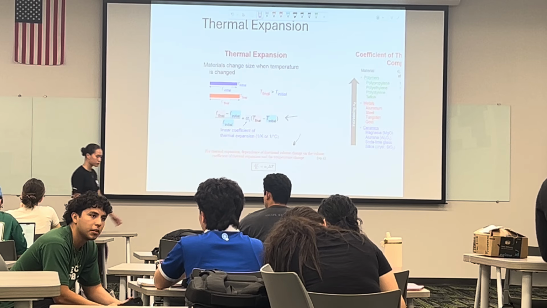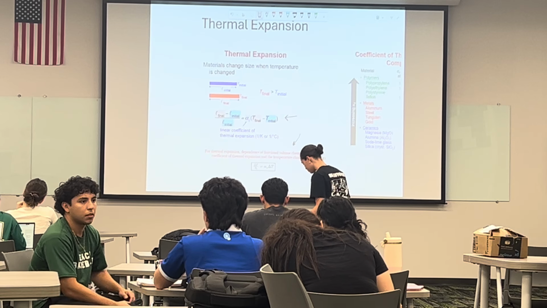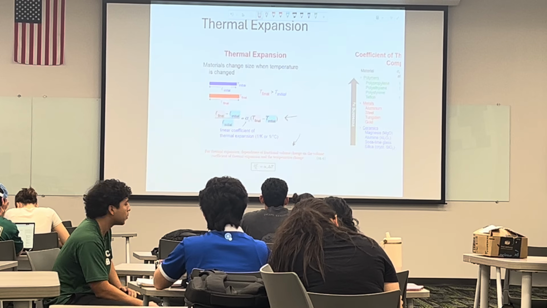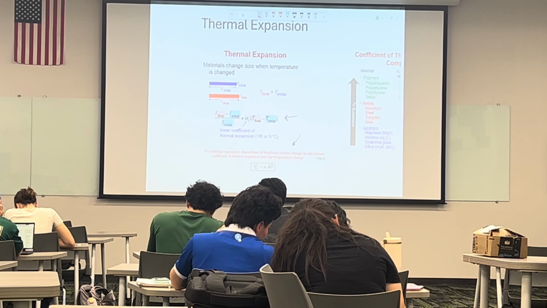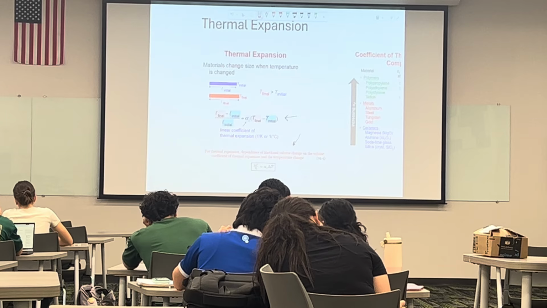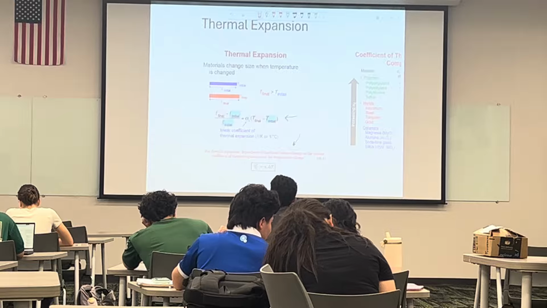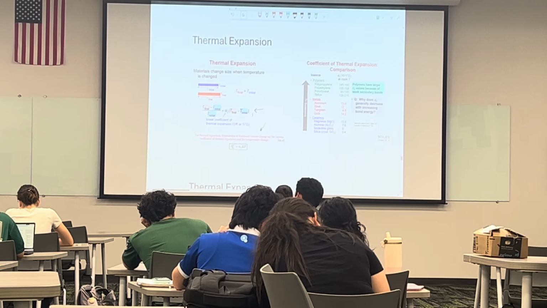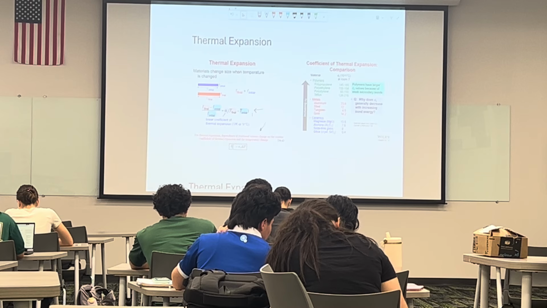And a little bit more on that: the linear coefficient of thermal expansion is a material property, so it's intrinsic to the material. It's indicative of the extent to which a material expands upon heating and has units of reciprocal or inverse temperature. From an atomic perspective, thermal expansion is reflected by an increase in the average distance between atoms.